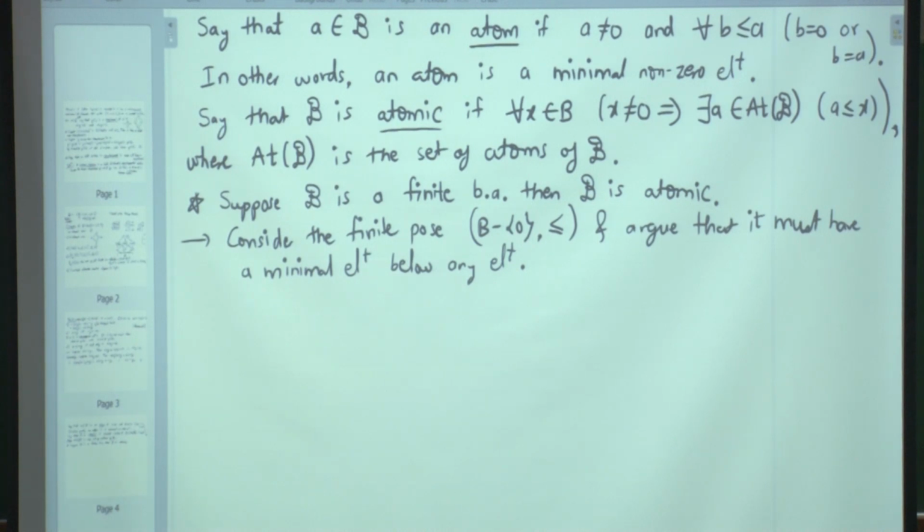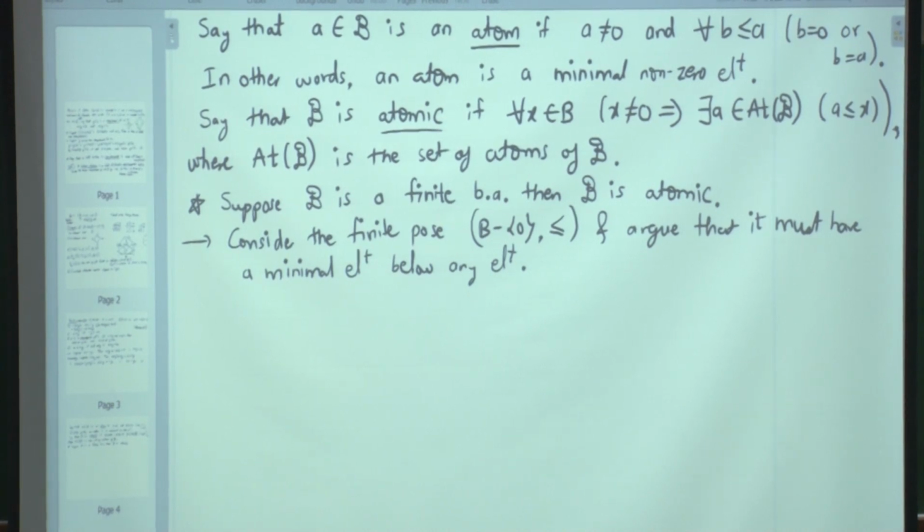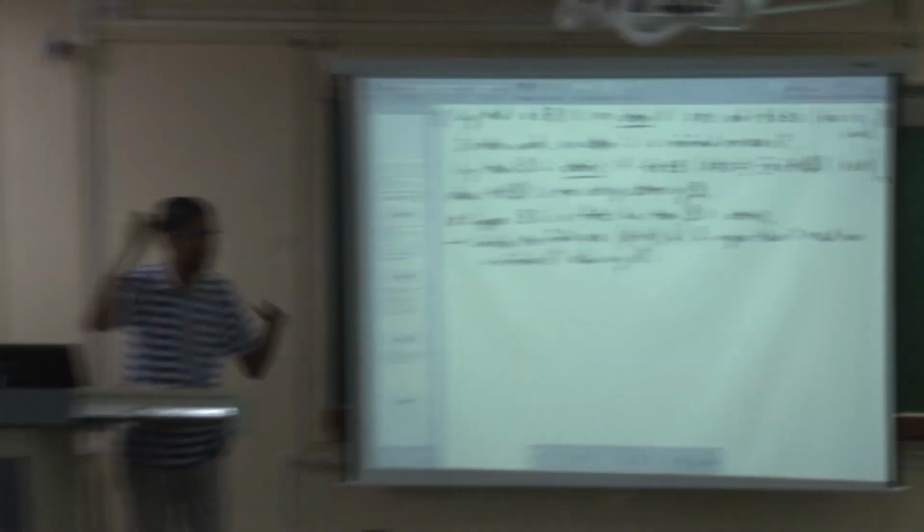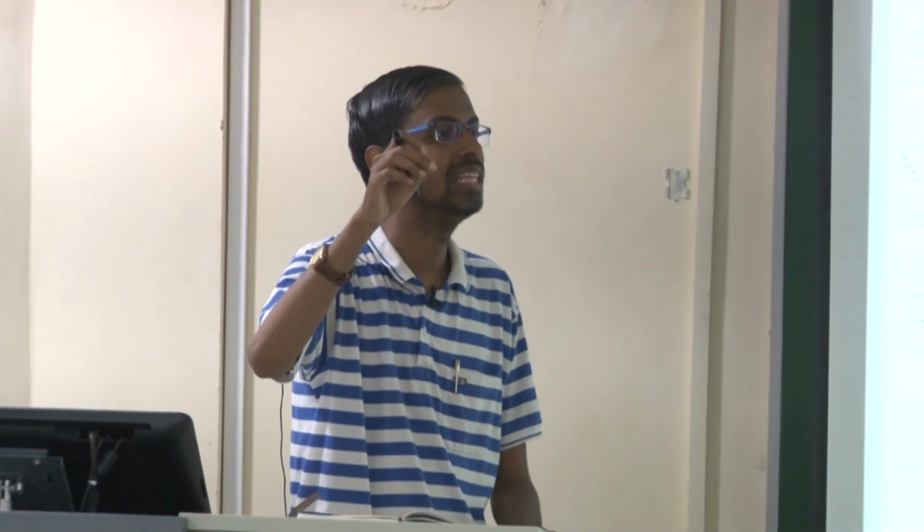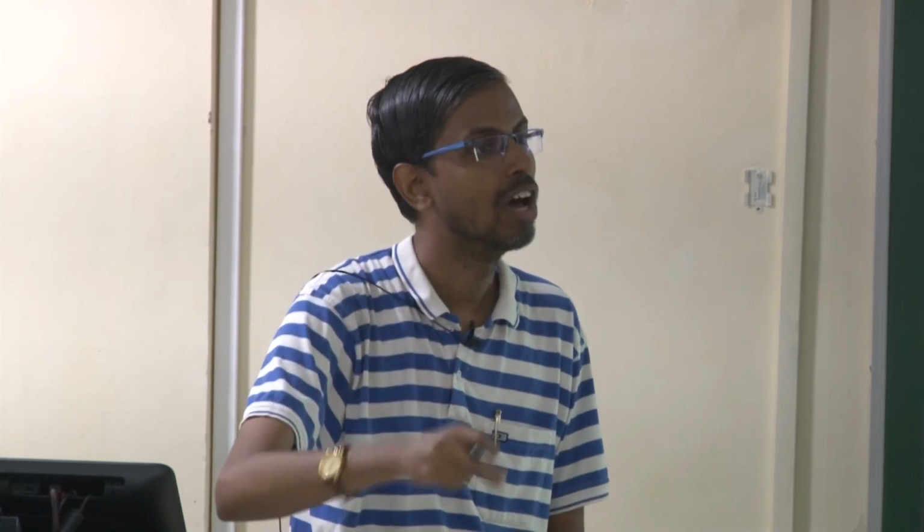I will tell you the rough sketch of the proof. You start with any element. Is it minimal? If yes, then you are happy. If not, then there is something below it. Again, for that element you ask, is it minimal? If yes, you got what you wanted. If not, then you obtain a further strict lower bound. And then you cannot obtain an infinite chain because our poset is finite. That's all.